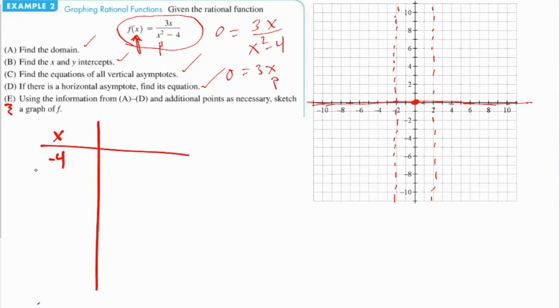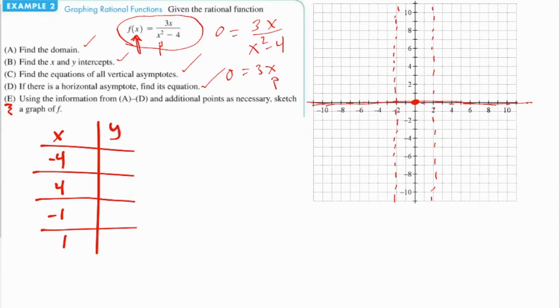We'll choose -4. From the right side, we can choose +4. And from in between, I want to choose points both on the left and the right of 0, 0. So -1 and +1.